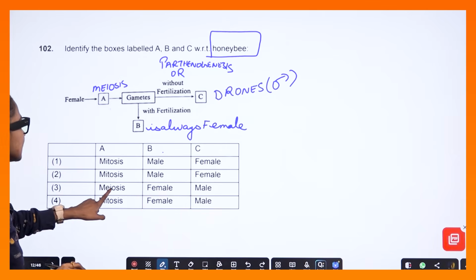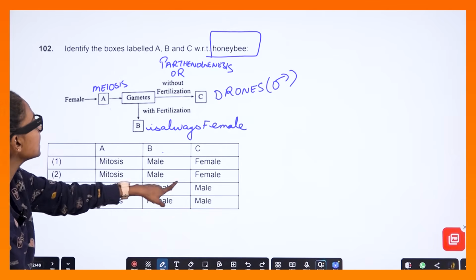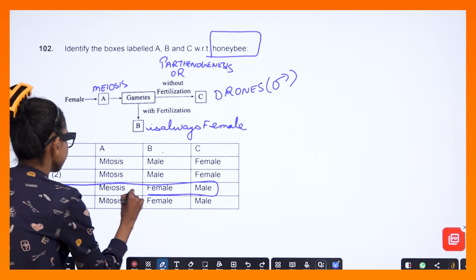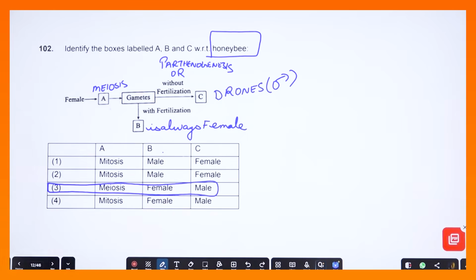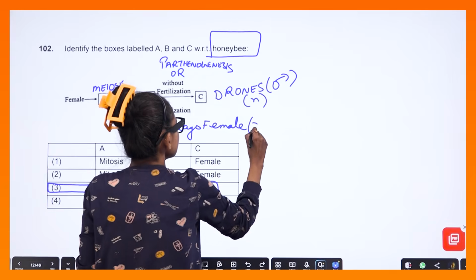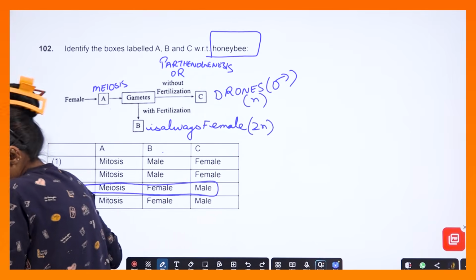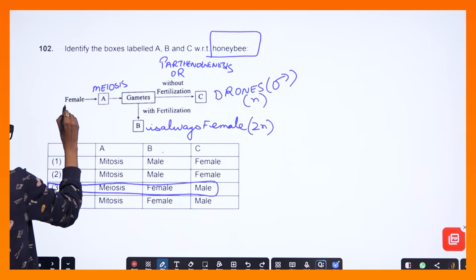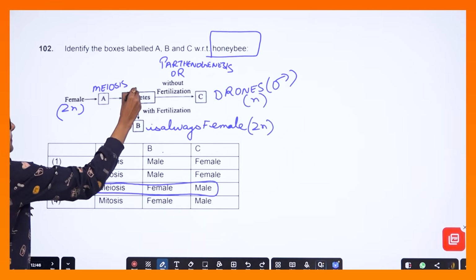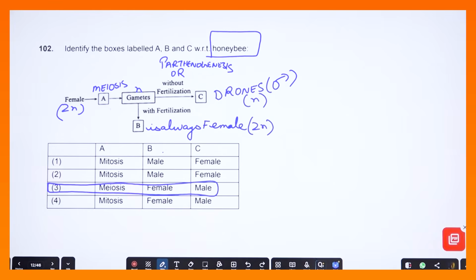So A is meiosis, B is female, C is drone. This option. So drones are haploid. This female is diploid. Gamete is haploid. Correct? All right.